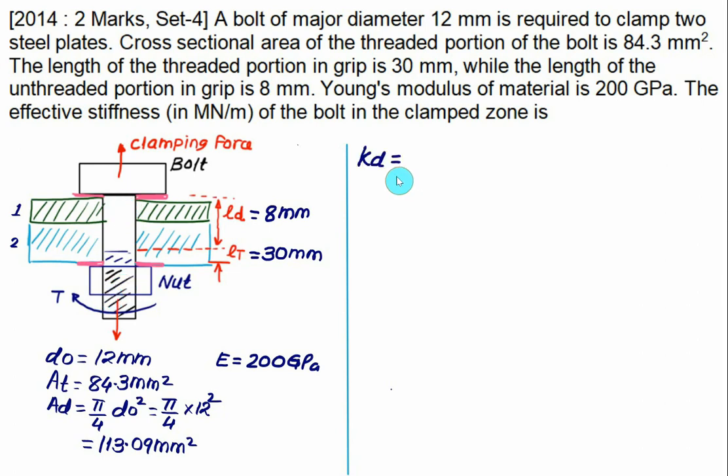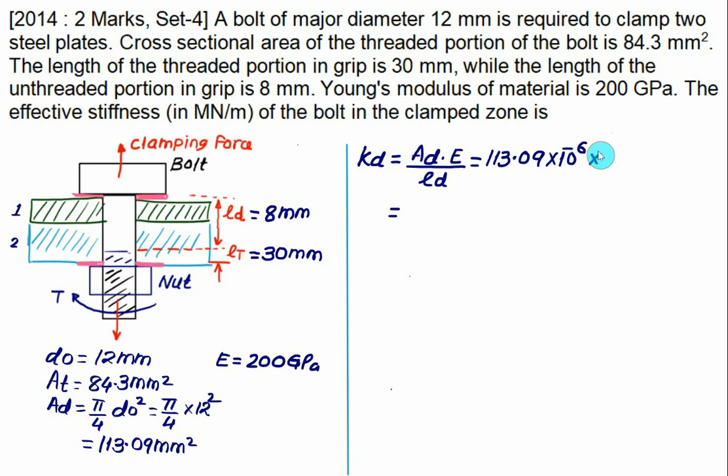So kd represents the stiffness of the unthreaded portion, equal to the area of the unthreaded portion multiplied by Young's modulus E, which is common to both, divided by ld. The area of the unthreaded portion is 113.09 mm², which in meters is 113.09 into 10 to the power minus 6.